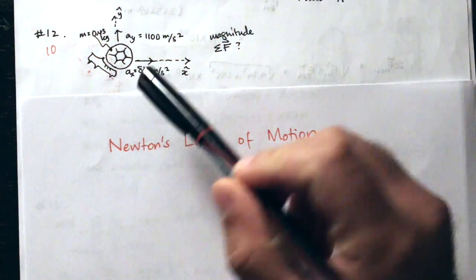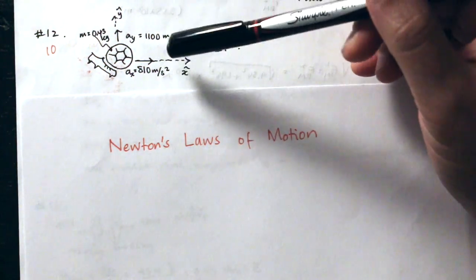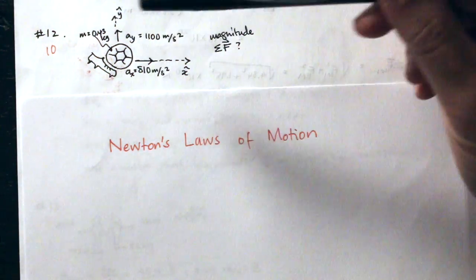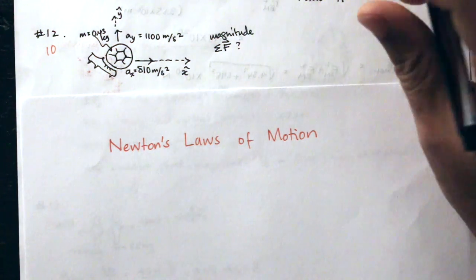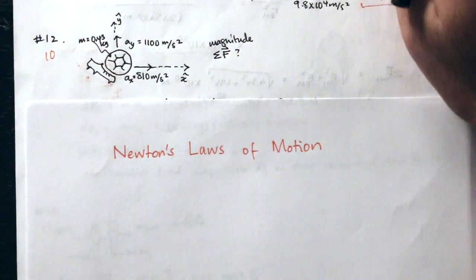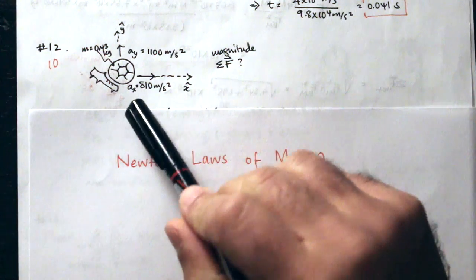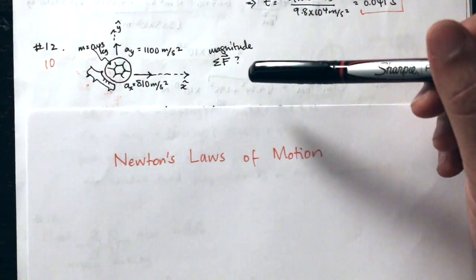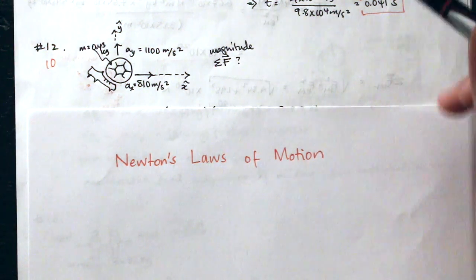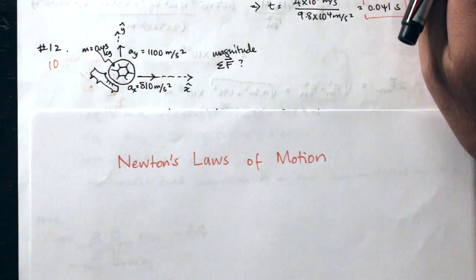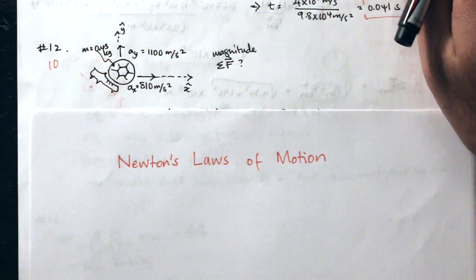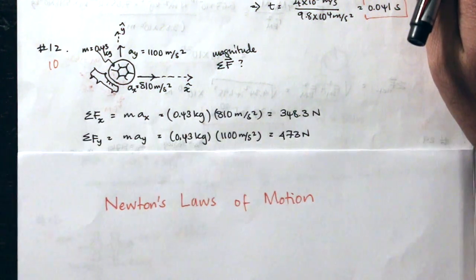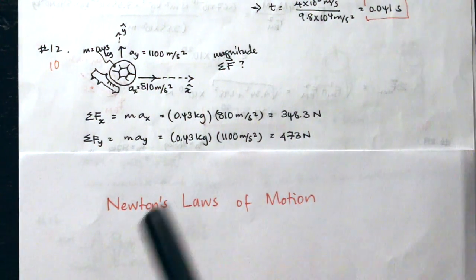You could use the x and y components of the acceleration to figure out the magnitude of the acceleration, multiply that by the mass, and you get the magnitude of the net force. Or, from the x and y components of the acceleration, you can calculate the x and y components of the net force, and then you can combine them with the Pythagorean theorem to get the magnitude of the net force. I think I used the second approach, but it really doesn't matter which approach you use.